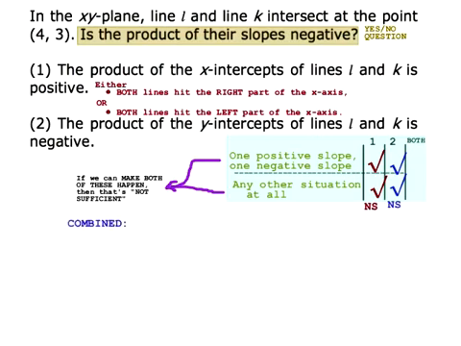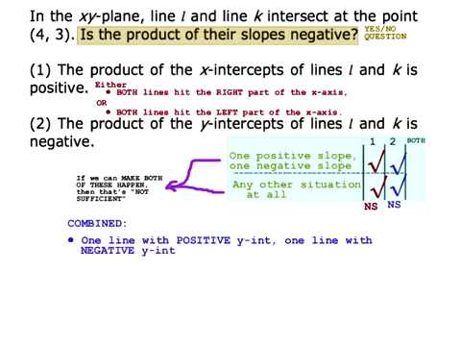To combine the two statements, remember that you have to have one line with a positive y-intercept, one line with a negative y-intercept, and then both of them have to hit the same side of the x-axis.